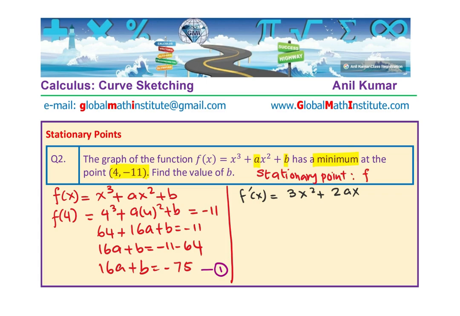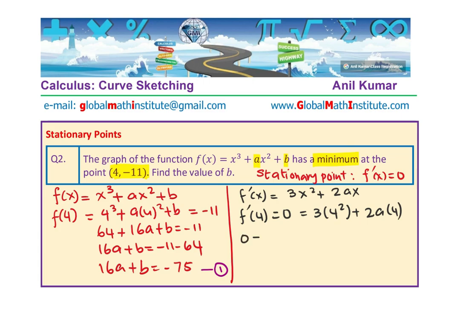And that really means that the derivative is equal to 0. So the derivative of this function at 4 should be equal to 0. If I substitute 4 here, I get 3 times 4 squared plus 2a times 4, correct?